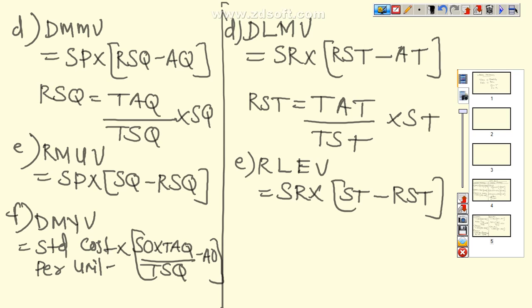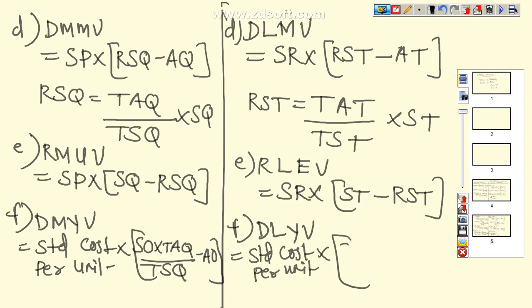Here we write direct labor yield variance, that is equal to standard cost per unit multiplied by standard output into total actual time upon total standard time minus actual output.